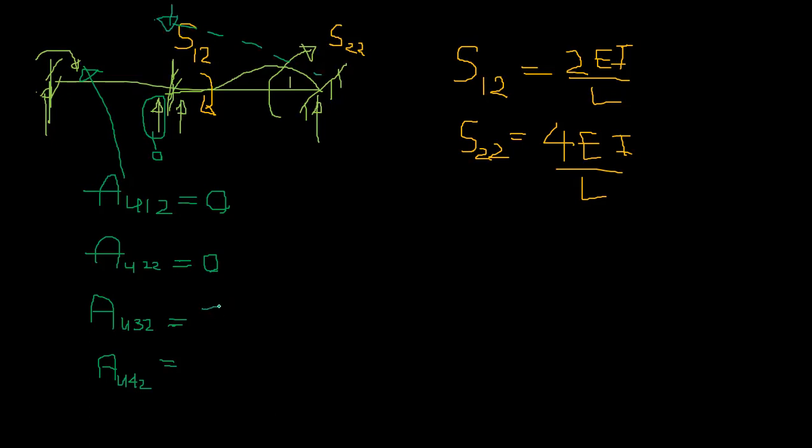So that means in the downward direction, 6EI over L squared. So the reaction should bring it back to the original position, and it is 6EI over L squared. Don't be confused, simple L squared should be everywhere.